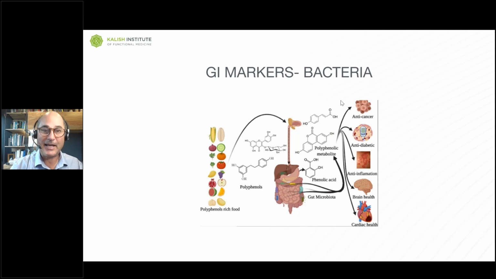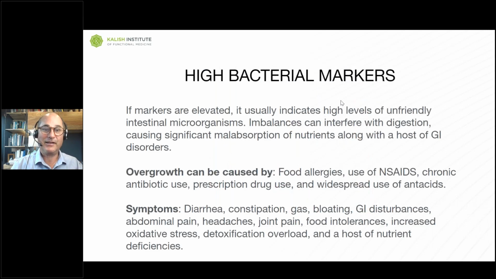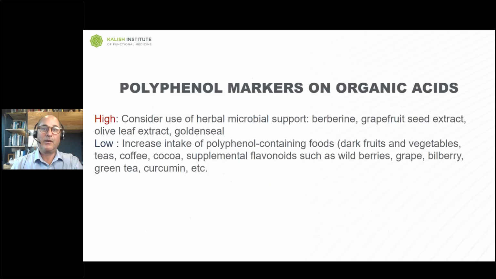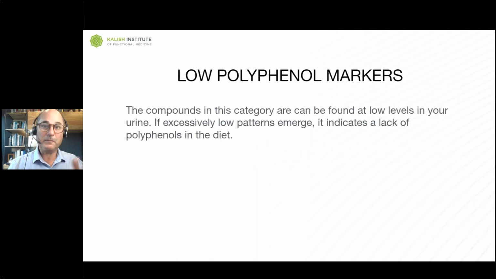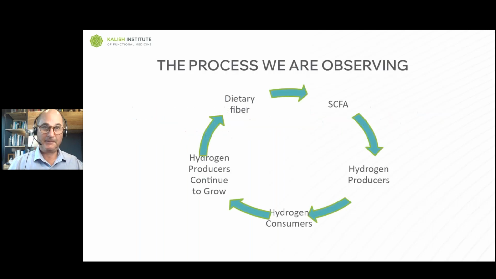You guys are already ordering all these labs. It's just a matter of interpreting that section in a slightly different way. Again, same thing, high bacterial markers, if they're elevated, it usually means there's dysbiosis present. You can treat that in a variety of different ways. Polyphenol markers high, you're going to treat that, yeah, and if they're low, then you're starting to think about a lack of polyphenols in the diet.